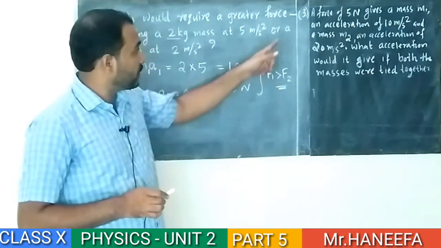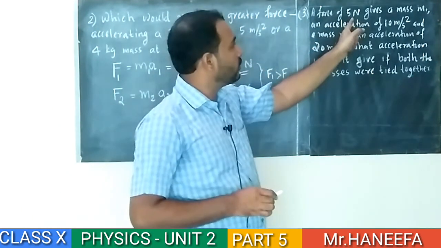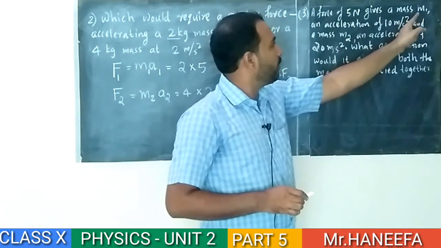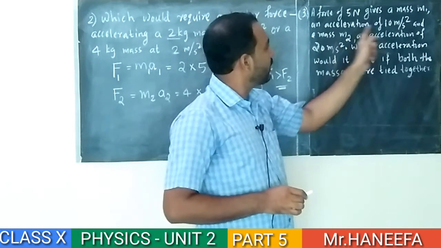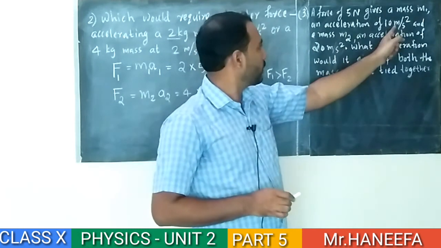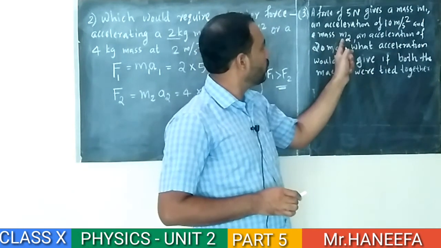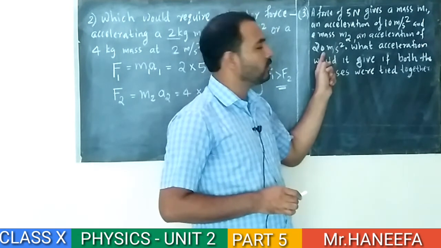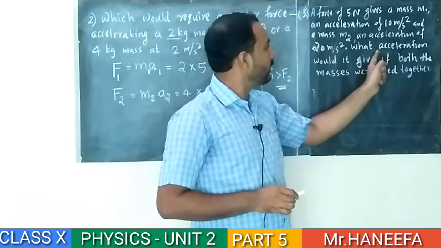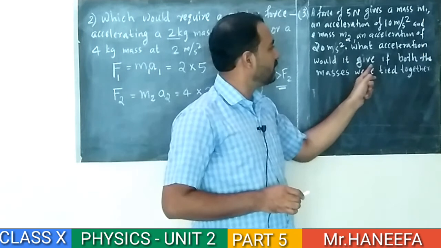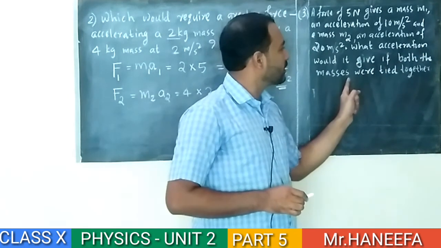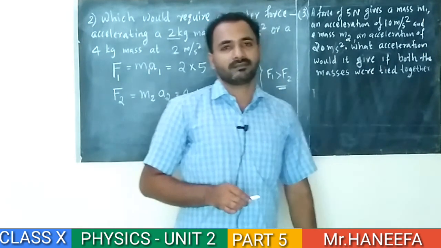Next, third question. A force of 5 Newton gives a mass m1 an acceleration of 10 meter per second square and a mass m2 an acceleration of 20 meter per second square. What acceleration would it give if both the masses were tied together?